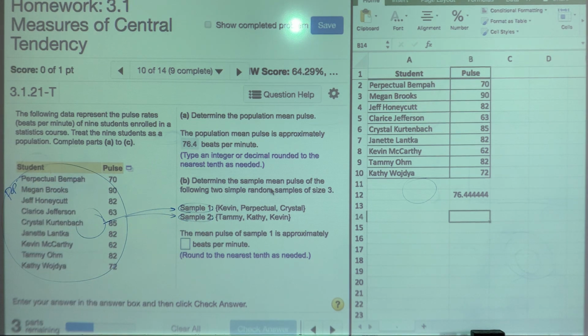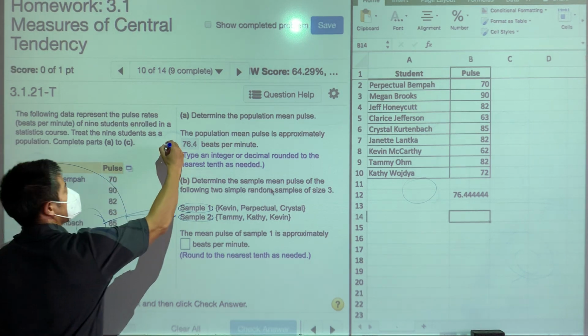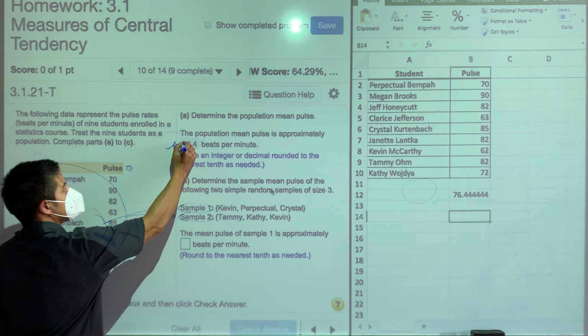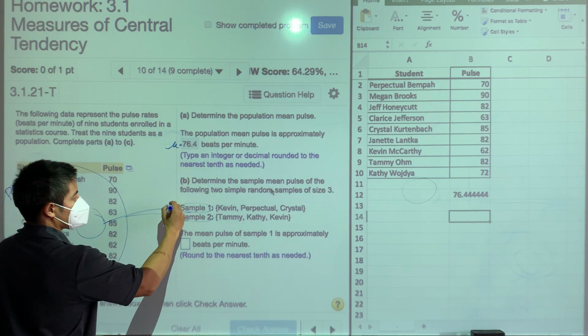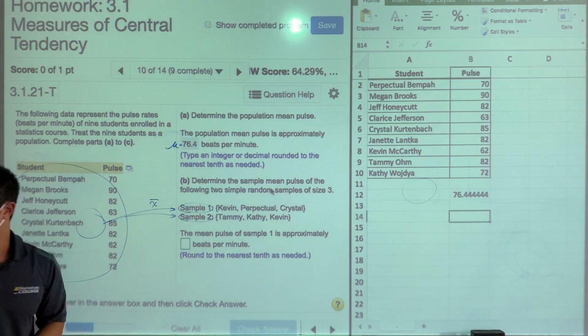Do you guys follow? So the mean that we just found was that, and then these are going to end up being that. I'm just trying to make sure you start being able to see the difference. This is the population. We often think population has to be this big number of people or things. It's not necessarily. We can pull out some samples.